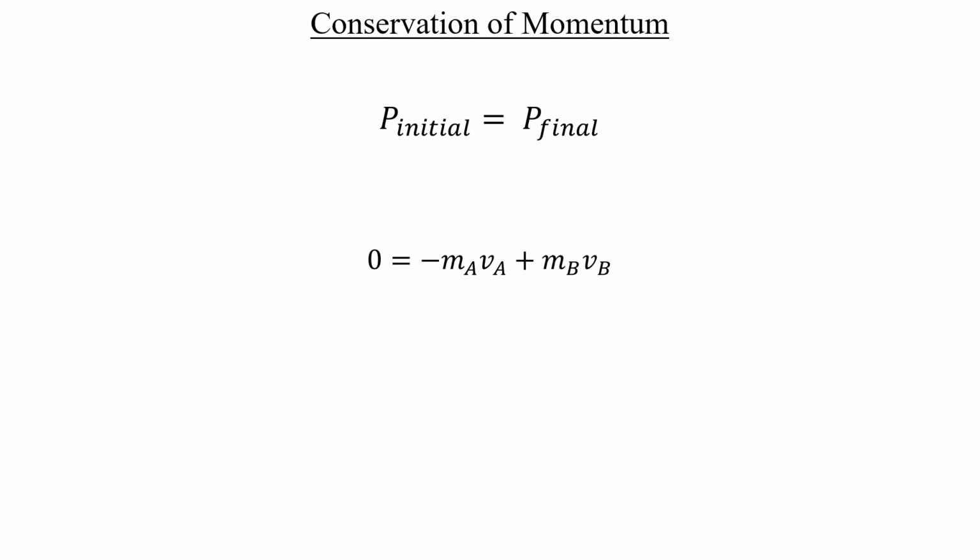I'll move the negative term over to the other side and then solve for the velocity of A in terms of the ratio of the masses multiplied by the velocity of B. Now we can move on to the conservation of energy next.